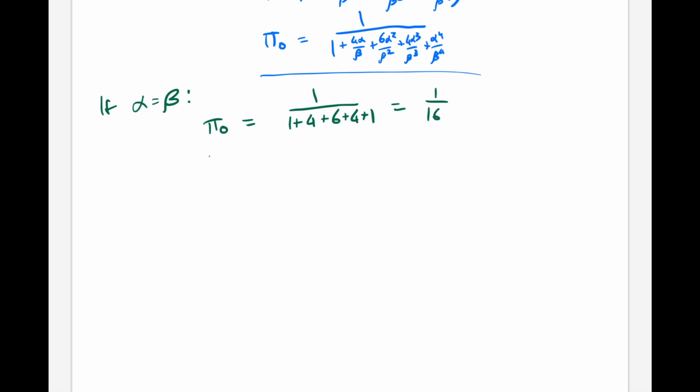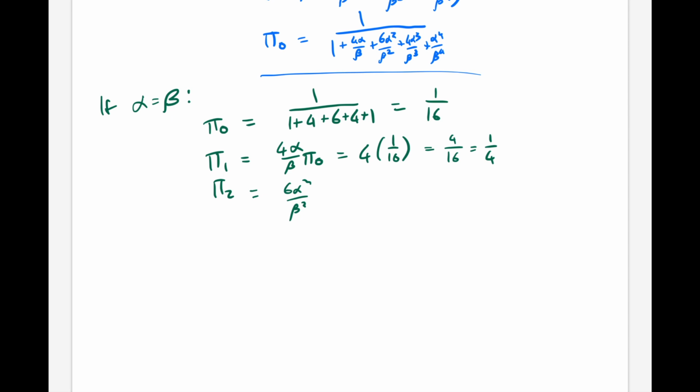I know that pi 1 is going to be 4 alpha over beta pi naught, which is going to be 4 lots of 1 over 16, which is equal to 4/16 or a quarter. Pi 2 is going to be 6 alpha squared over beta squared pi naught, which is going to be 6 lots of 1 over 16, which is 6/16 or 3/8.